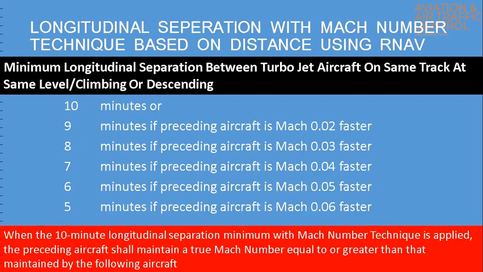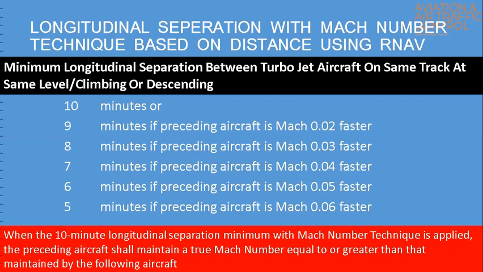So if we don't have 10 minutes, this 10 minutes can be further reduced to 9, 8, 7, 6, and 5. But the preceding aircraft has to fly with a Mach number faster than the succeeding aircraft. So what will that number be? Suppose we have 9 minutes of separation, then the Mach number will be 0.02 faster.